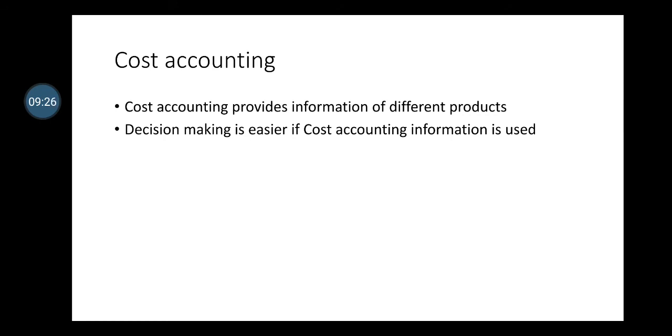The information provided by financial accounting is used both by external users as well as internal users, whereas cost accounting information is mainly for internal use, mainly for the purpose of decision making. Thank you.